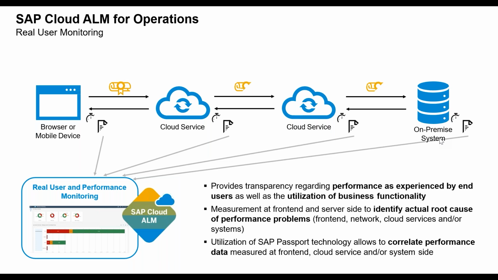The end user monitoring really covers the front end and the server to identify the actual root cause. So it could be anything such as the network, or any type of issue where that specific user is unable to reach it. The goal is to provide these specific agents, think of them, in different areas, such as a browser, or any type of cloud service, where it's constantly pinging and recording that performance or that network.